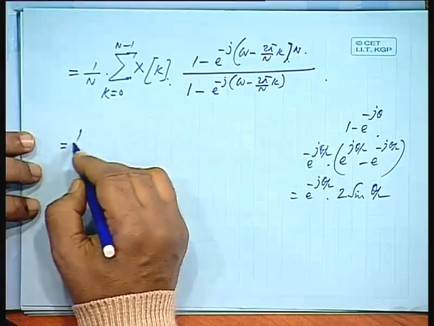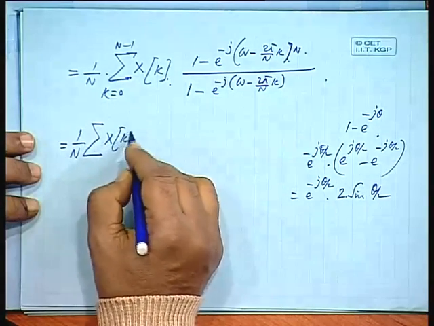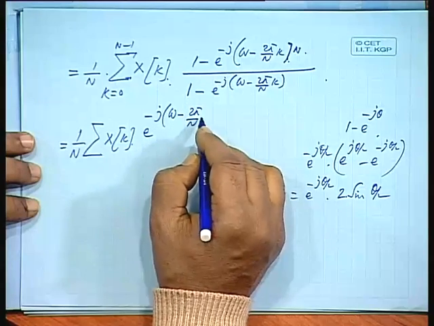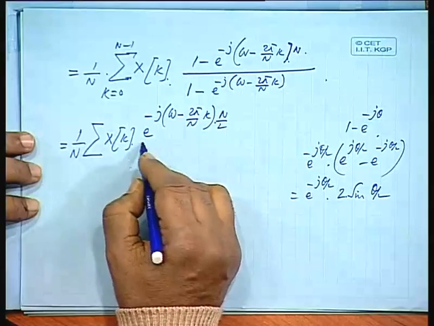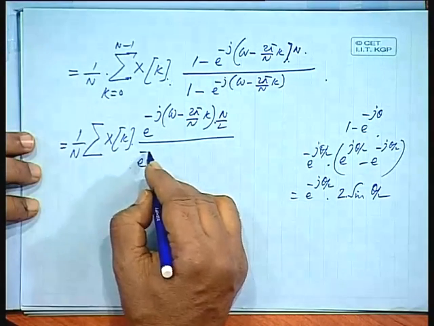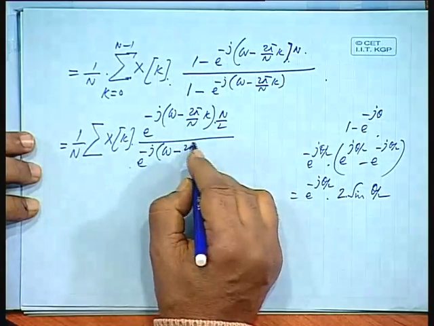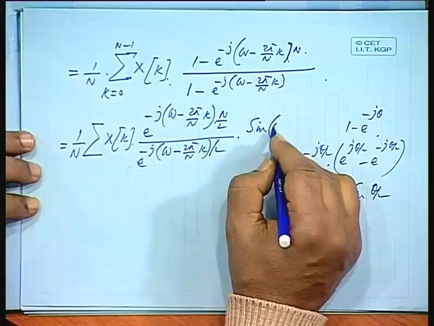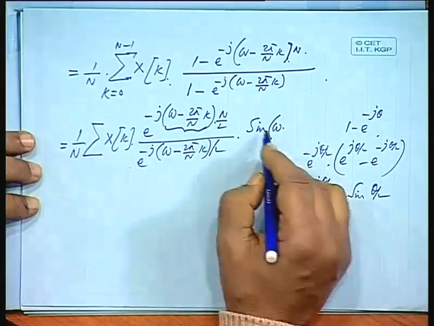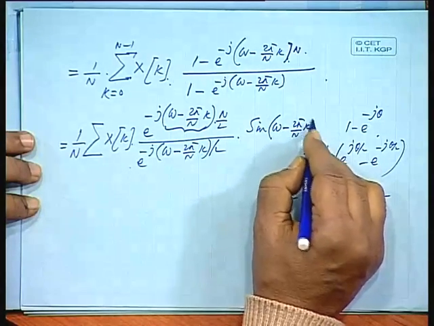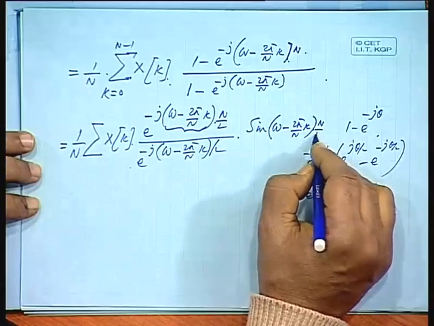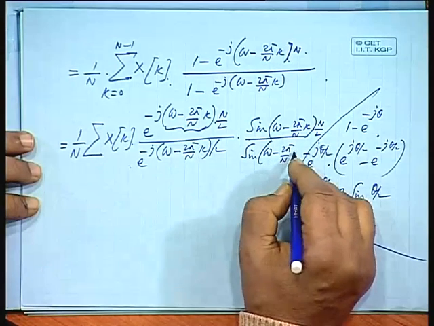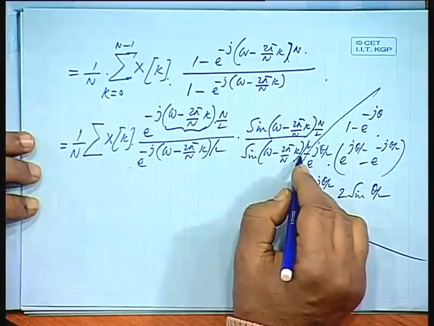So, I will take out 1 by n sigma x_k e to the power minus j omega minus 2 pi by n k into n by 2 divided by e to the power minus j omega minus 2 pi by n k divided by 2, and this side I will have sine of omega minus, okay, if I call this as theta, 2 pi by n k into n by 2 divided by sine of omega minus 2 pi by n k divided by 2, okay, this angle divided by 2.